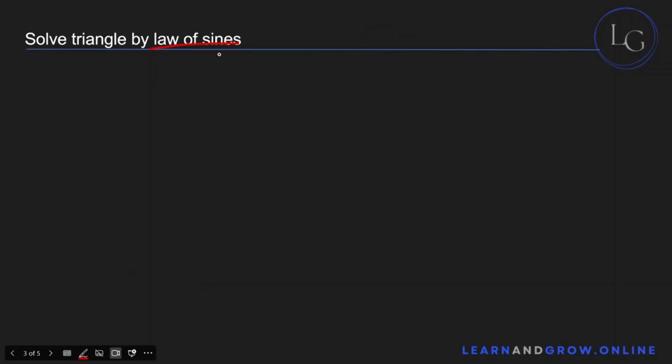You use the law of sines when you do not have a right angle triangle, okay? So if you have this triangle over here, say this angle is alpha, and the side opposite it is lowercase a. This angle is beta, and the side opposite it is lowercase b, and this angle is gamma, and the side opposite it is lowercase c.